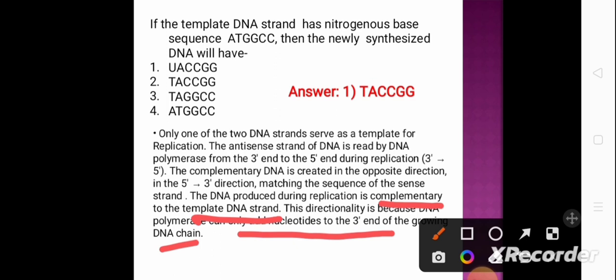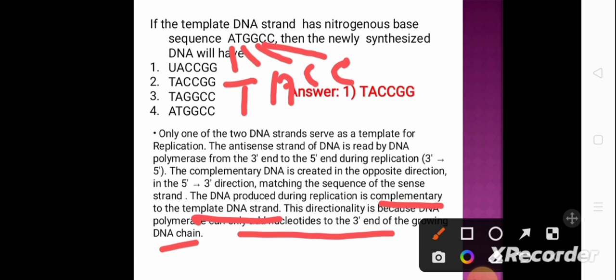So the complement of A is T, T is A, G is C, again G is C, next C is G, C is G. So, TACCGG.